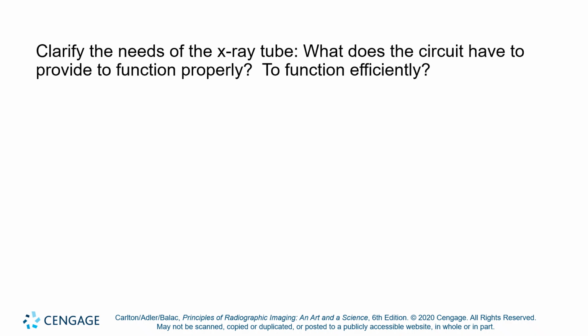Okay. And I think I have some animations here. Yeah, we need a source of electrons because the electrons are what makes the X-rays in the tube. Those would be the excited electrons at the cathode filament via the thermionic emission that I mentioned at the tail end of the last lecture.